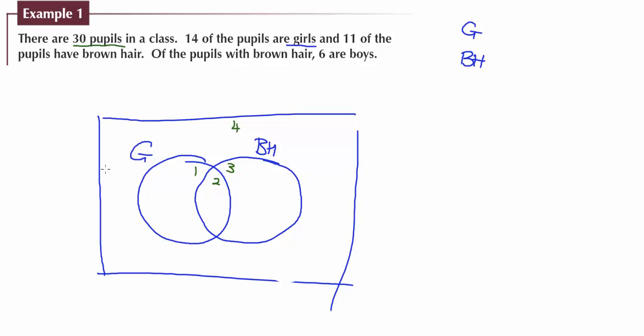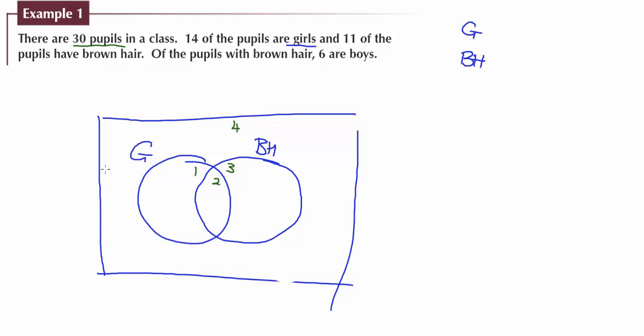Now here's what I know. I've been told 14 of the pupils are girls. That's actually a problem for me when you're doing these questions, because I can't just put 14 here, because girls is this entire circle. All it means is that this section and this section add up to 14, but I can't put a number in either one yet.